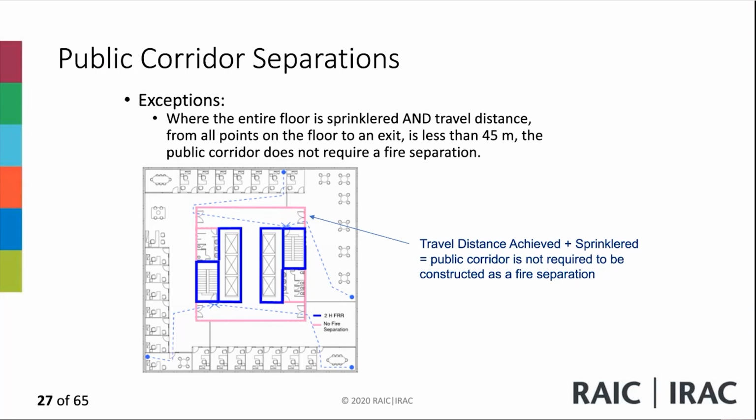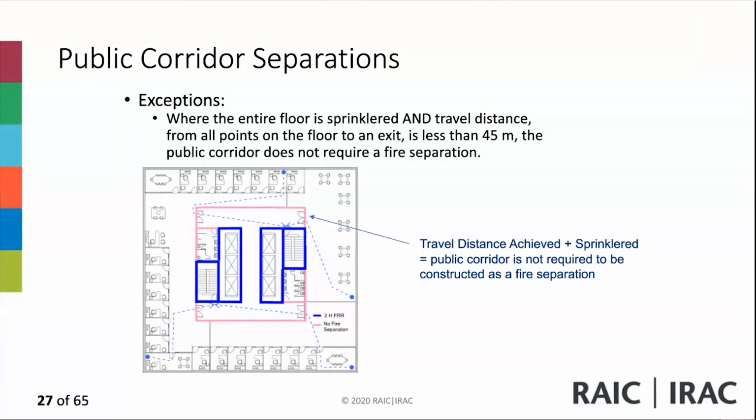I think that one is A. We have the travel distance achieved from all points on the floor to an exit. So if I go anywhere from the floor to an exit, I am within 45 meters from an exit from any point. Not to all exits, but at least one exit.